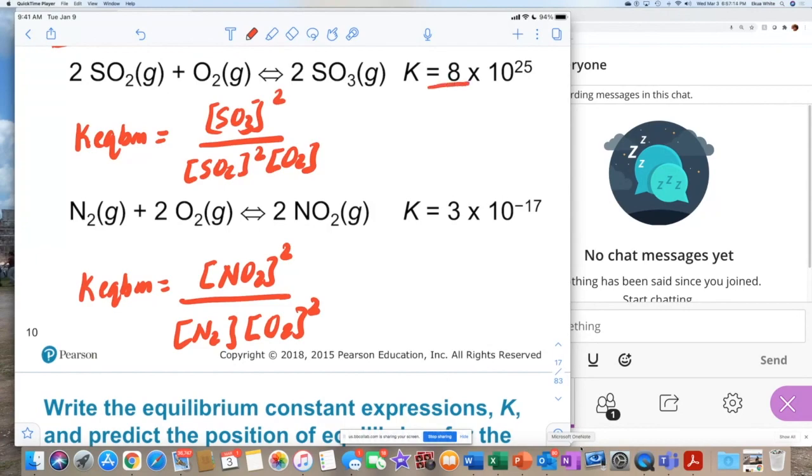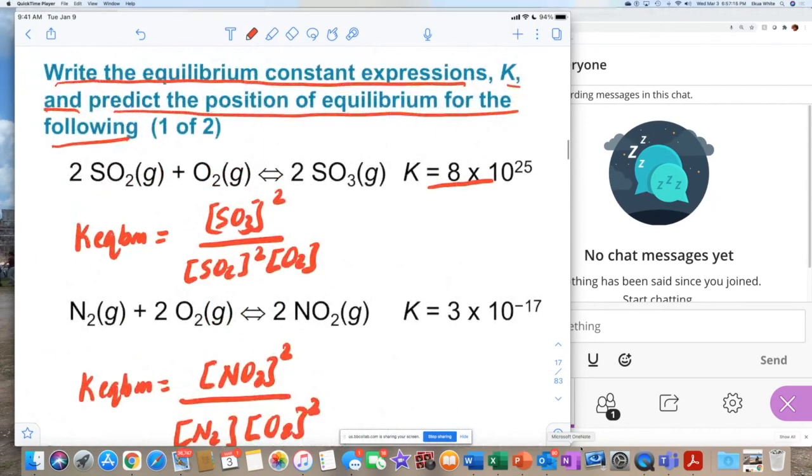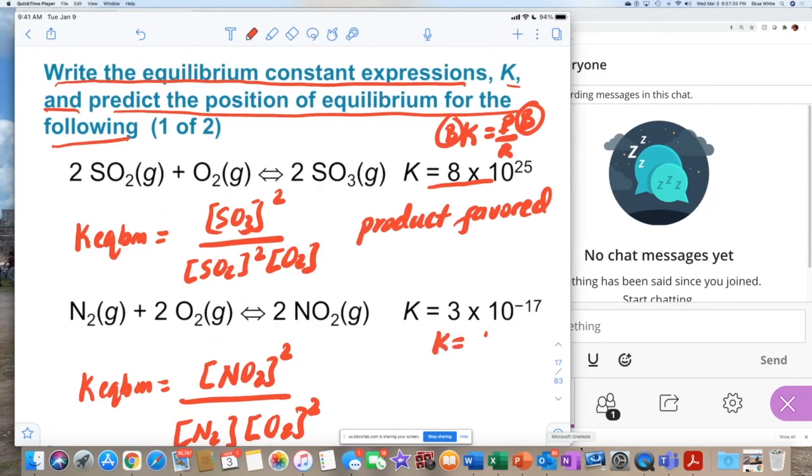Okay, what does this mean? Because this number is big, let's see, K is product over reactant. If this is big, so is this, and then products are favored, right? You see that? So this is product favored. And then here again, K equals P over R. If this is small, this is small, and this part is large.